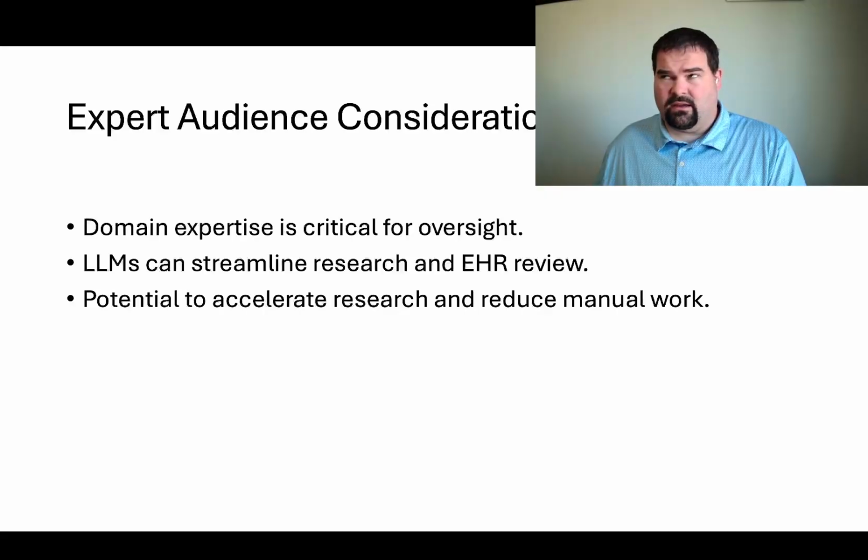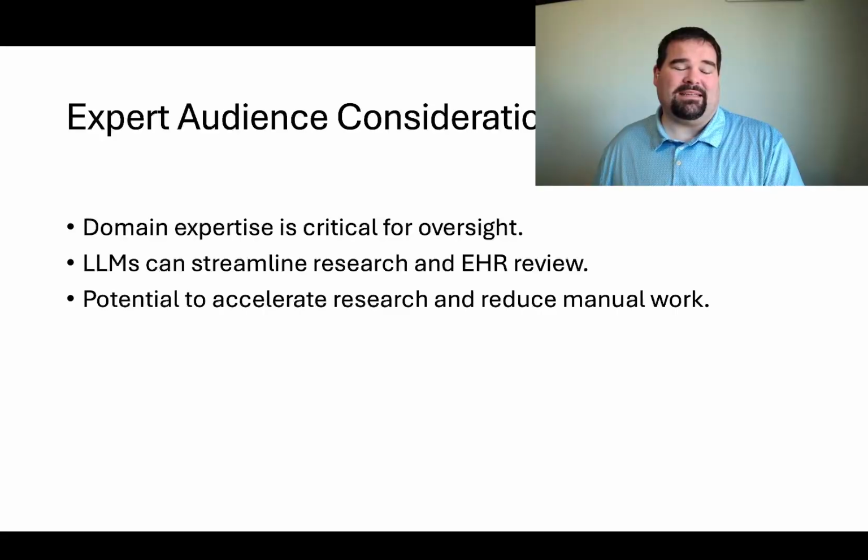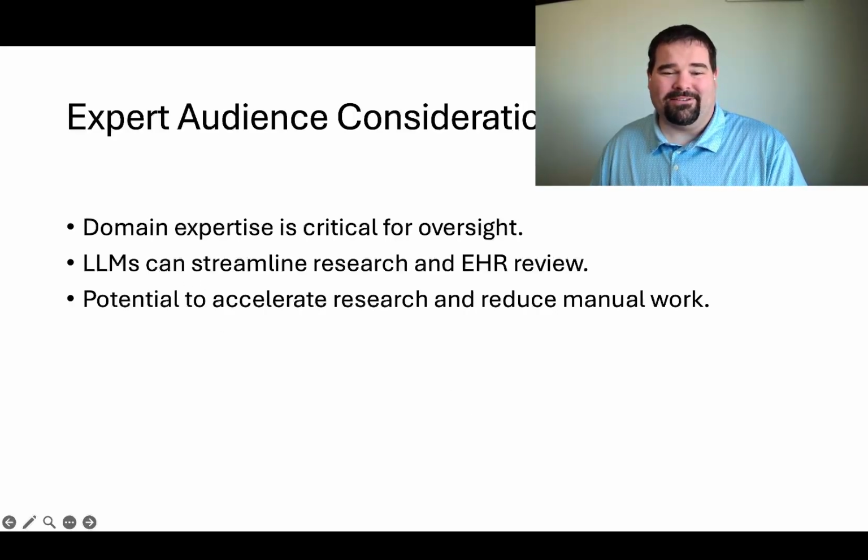A year and a half ago, I released multiple papers on agent models where I was able to leverage agents to go out and do early research and research papers. And they're not very smart, but they have a real potential for accelerating and reducing the manual work that we're going through.